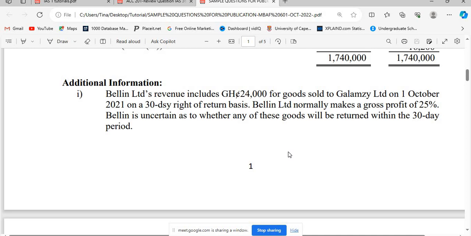Okay, so what standard is this transaction relating to? Inventory, IAS 2. Which other standard can we attribute this transaction to apart from inventory?